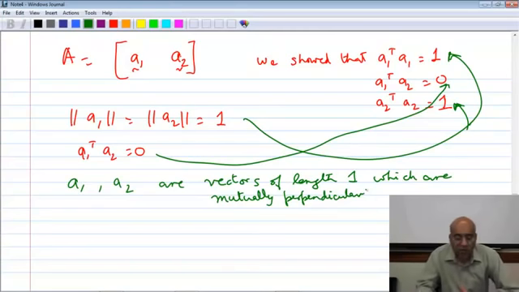So in other words, you can use A1 and A2 to make an orthogonal basis. And this is going to be true in any dimension, in dimension 2, dimension 3, and so forth.